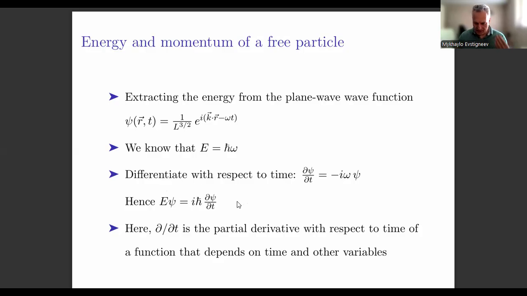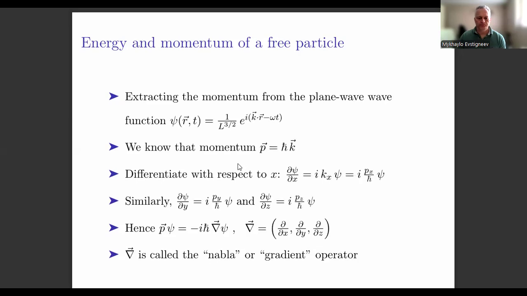Notice that I am using the partial derivative d by dt instead of the regular derivative because the wave function depends on 4 arguments: position x, y, z, and time t. So the derivative of a function of several variables is a partial derivative with respect to one of those variables.